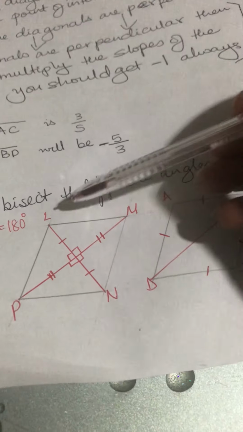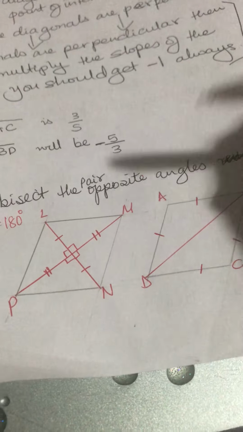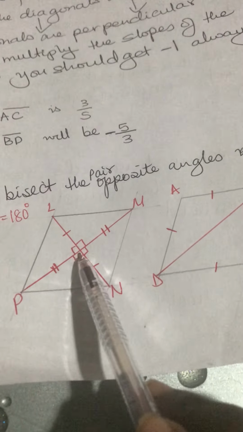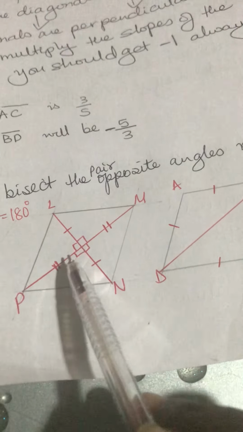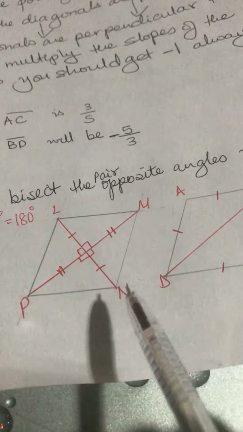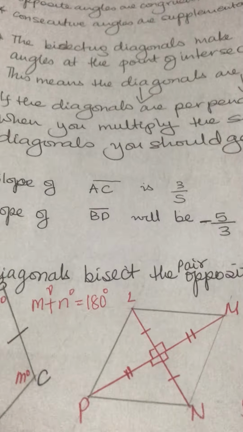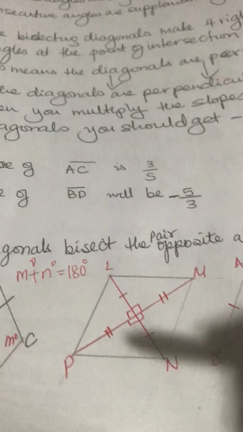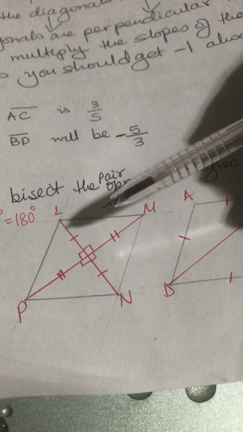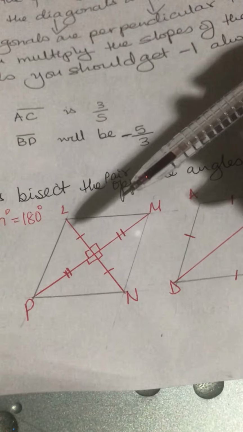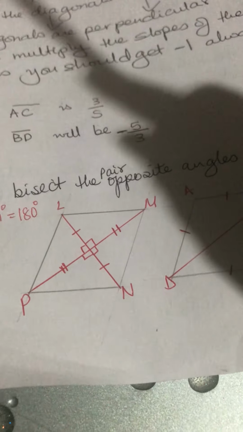Now, we said the diagonals meet at 90 degrees there. You should have 90 degrees. Then you have four right triangles that are congruent. They are not isosceles.